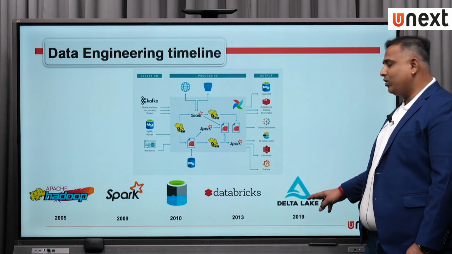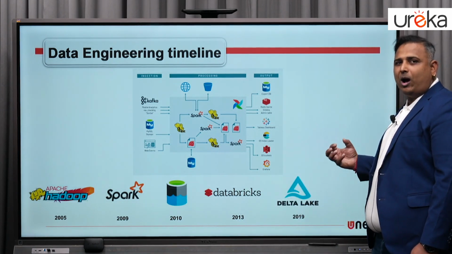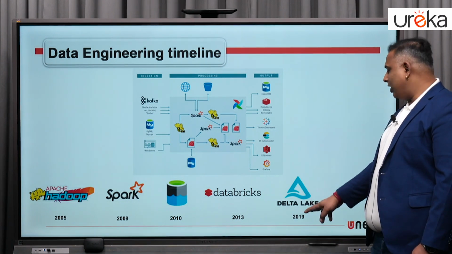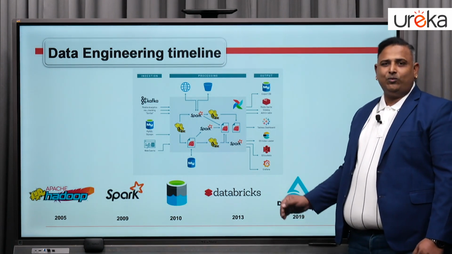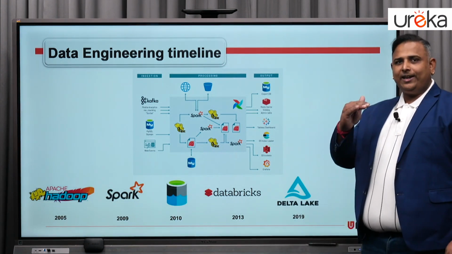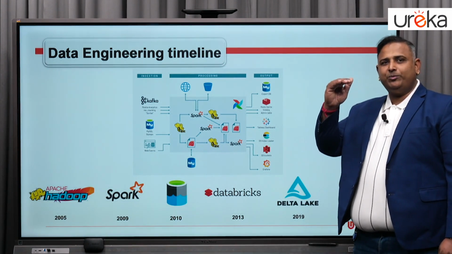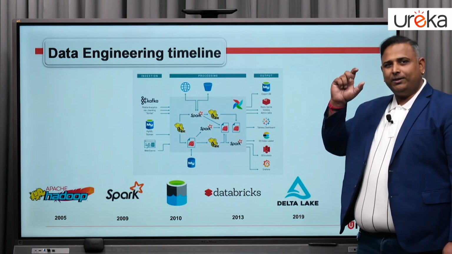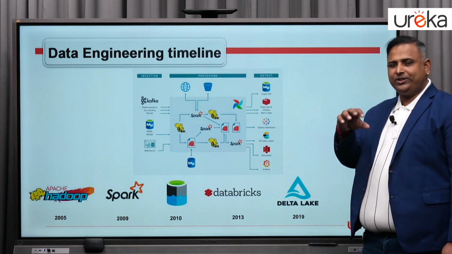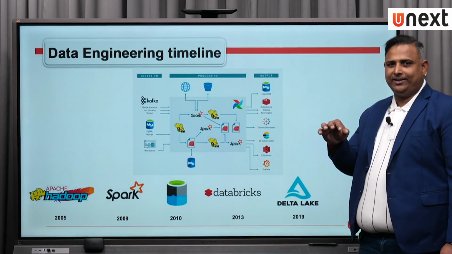Not only that, we got a new model on top of the data lake called Delta Lake in 2019, where we added a governance layer on top of the data lake, and that's why it's called Delta Lake.